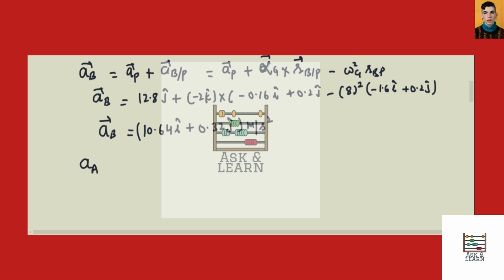Acceleration of A is equal to acceleration of V, that is acceleration of A with respect to B, plus alpha AV k cross position vector AV minus omega square AV r vector AV. Substitute the value.